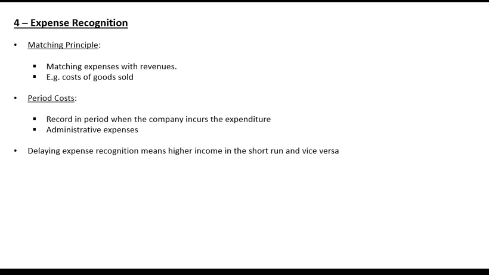Companies can play with it to become more profitable in a certain year or to meet profitability targets, but you should be able to find that out and know the impact on future years.